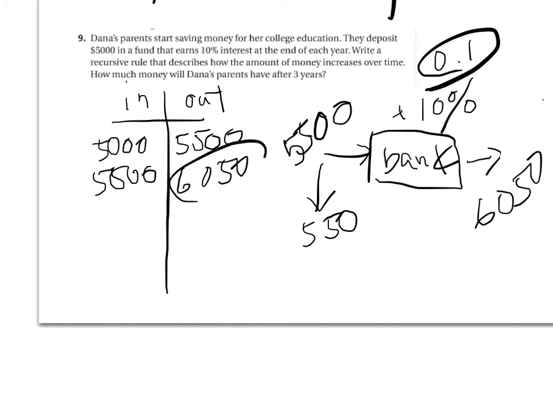The following year, you're going to put this in the bank, and something comes out, right? So the question is, how much money will Dana's parents have after 3 years? So this is the first year, second year, and the third year. So this will be the input right here, and then find out what you get for that.